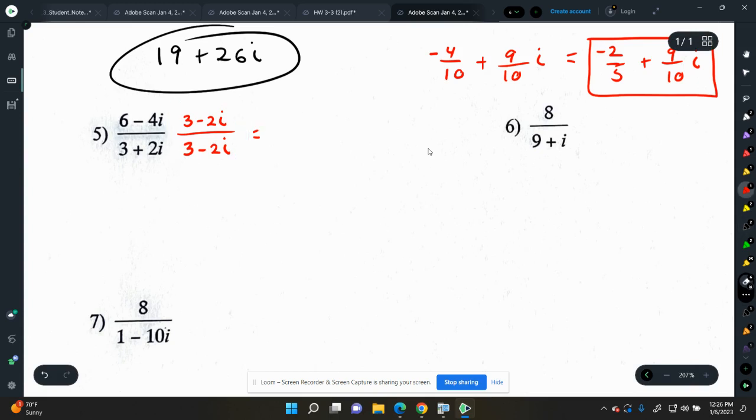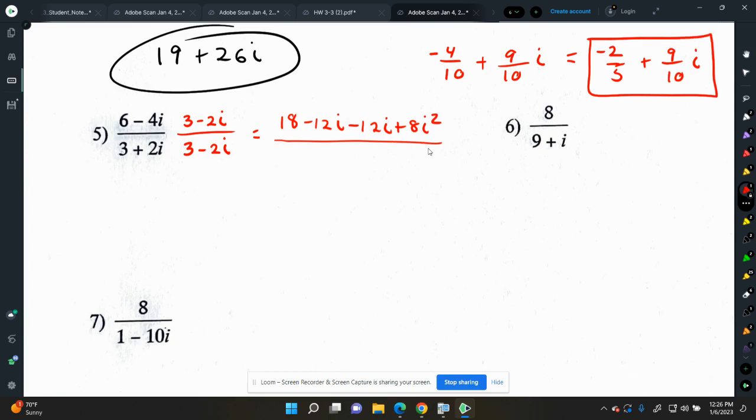So let's see here. We end up with 18 minus 12i minus 12i plus 8i squared. Let me know if I make a mistake. I seem to be having the brain fart day today. Okay, 9 minus 4i squared.